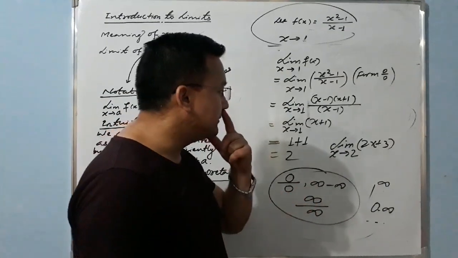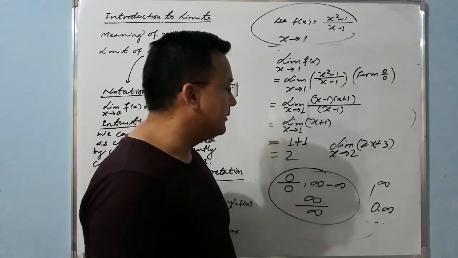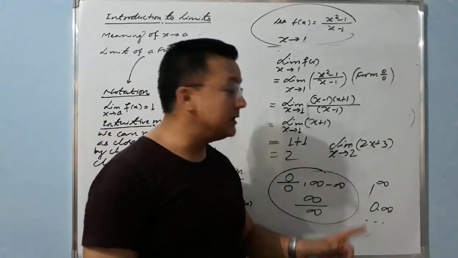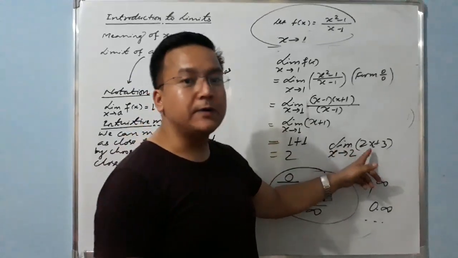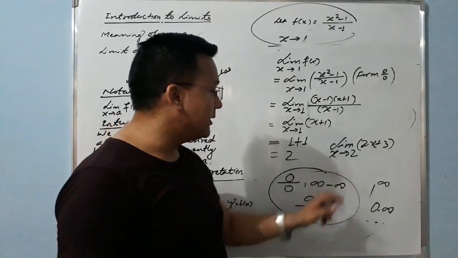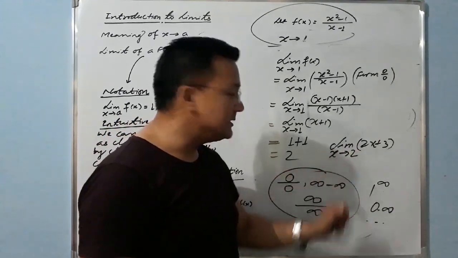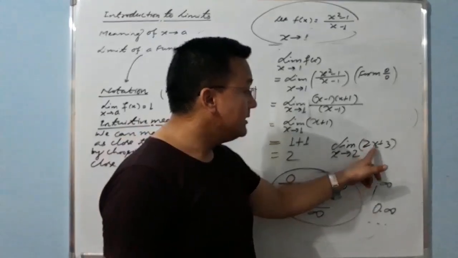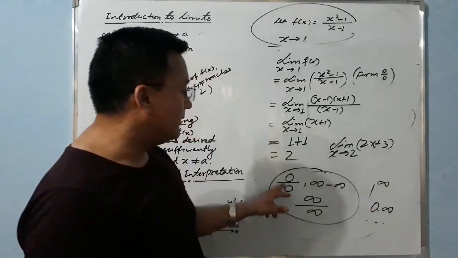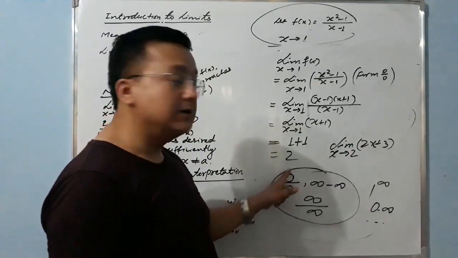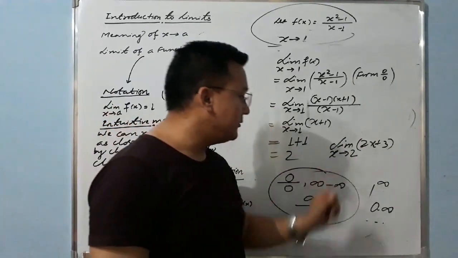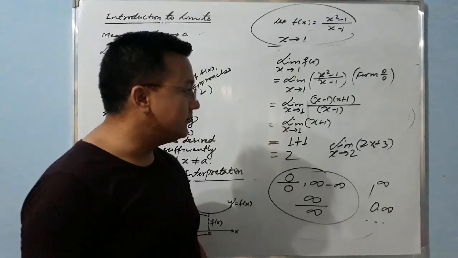But for an algebraic function here, there is no infinity. 2x + 3 is a simple polynomial, not a rational function, so you will not get 0/0 or infinity minus infinity.